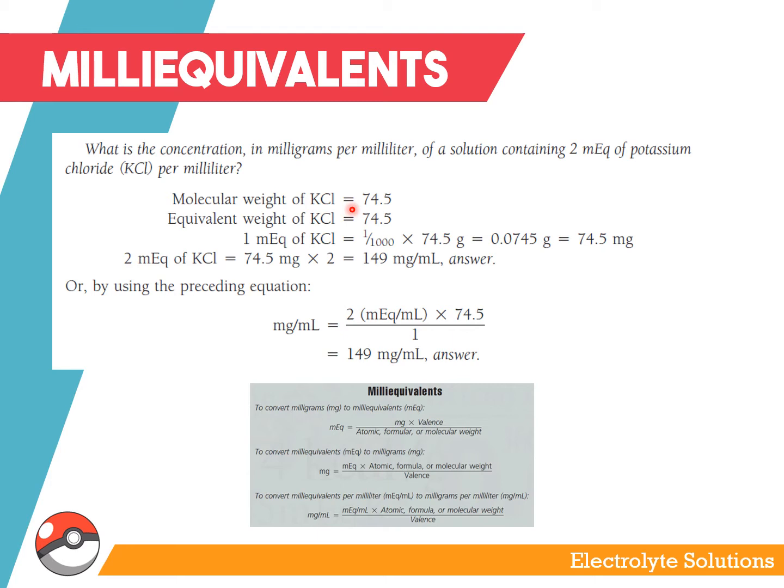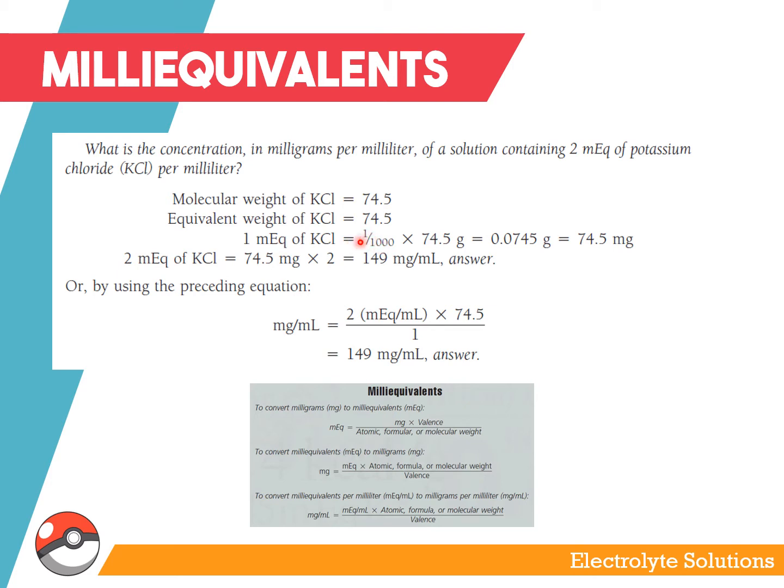So the equivalent weight is 74.5. Now, to determine the concentration in milligrams per milliliter, we can use this formula. 1 MEq, or 1 milliequivalent of KCl, is equal to 1 over 1000.